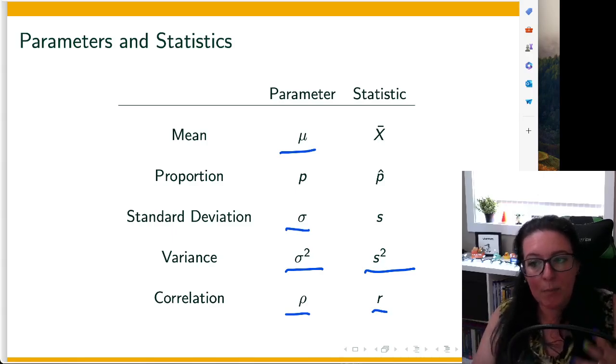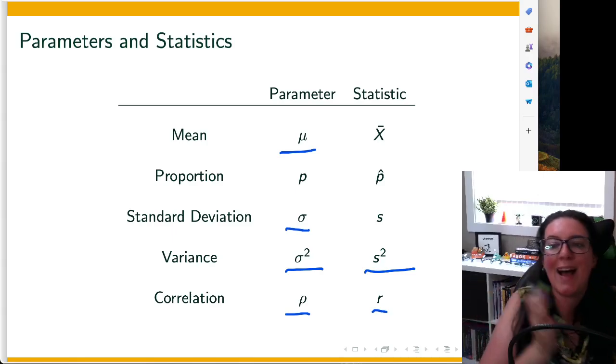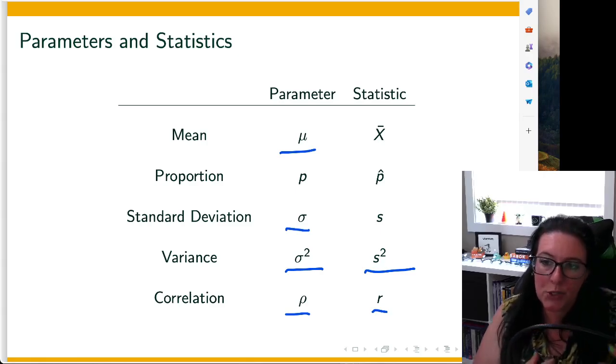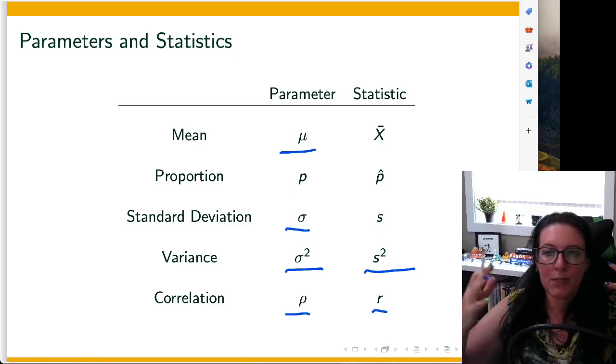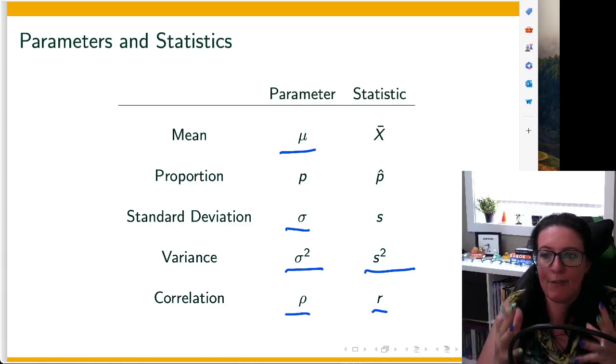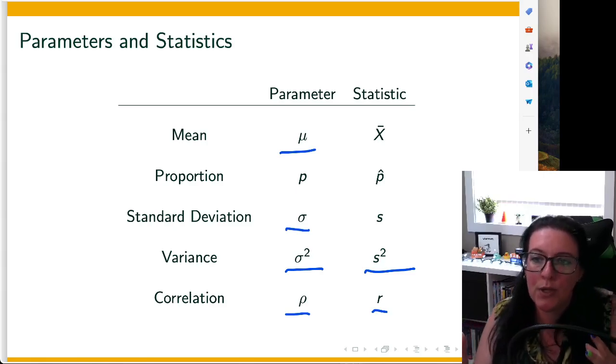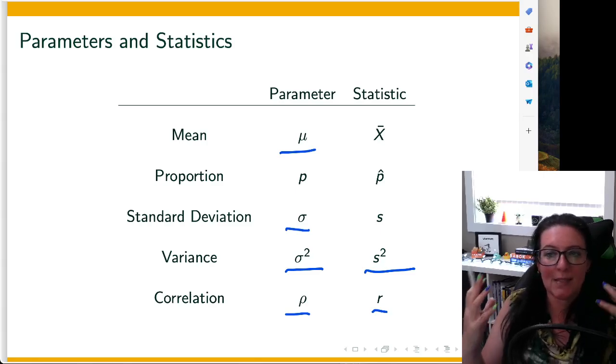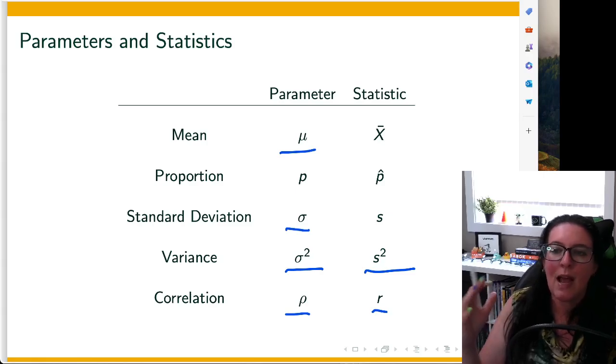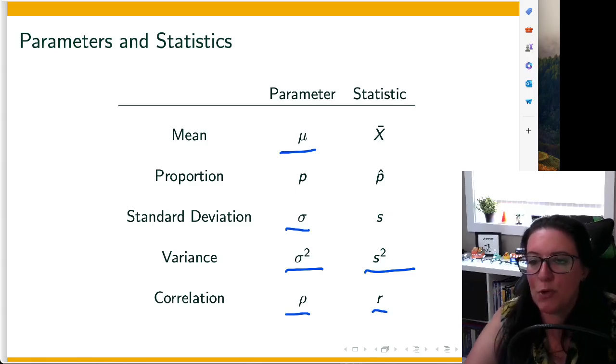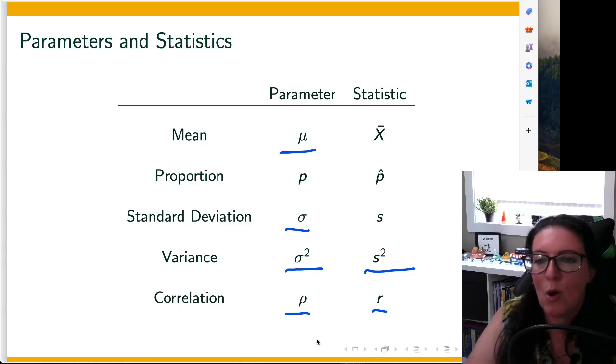And remember, our sample statistics are trying to estimate those population parameters. We assume that parameter is a fixed value, but it's unknown. So we take samples, we get statistics. Those statistics give us lots of different numbers, and we create that sampling distribution to help us figure out where that population parameter might actually be.